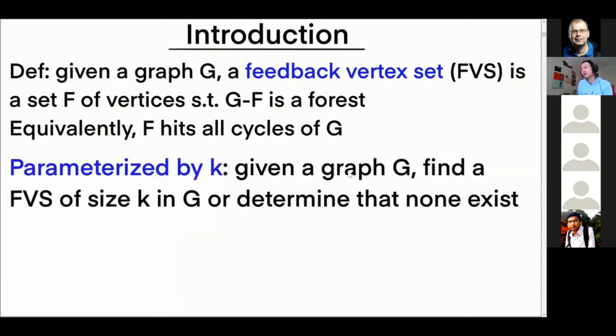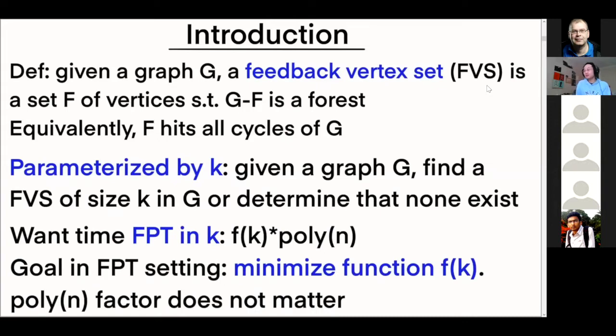And in the parameterized complexity setting, we're given an additional parameter k, and you want to find a feedback vertex set of size k, or determine that none exists. Typically, we want an algorithm that is fixed parameter tractable in k, which means it runs in time some function of k times a polynomial factor, where the exponent in the polynomial factor does not depend on k.